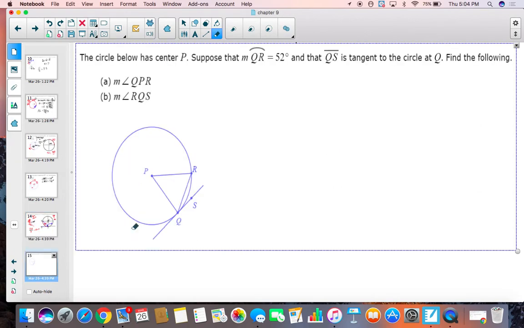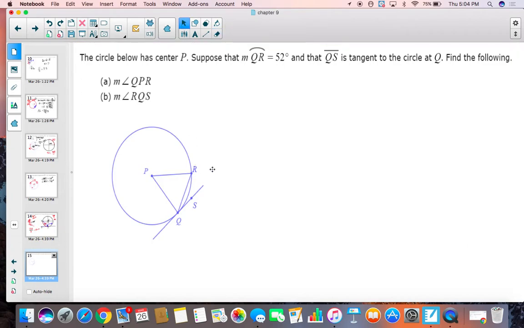Sorry, this one might get a little small here. So the circle has center P. Suppose that QR is equal to 52. That's the arc. So Q to R is going to be 52. And that QS is tangent to the circle at Q. Find the following.